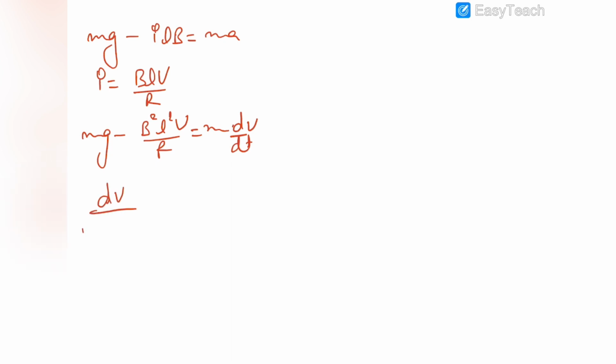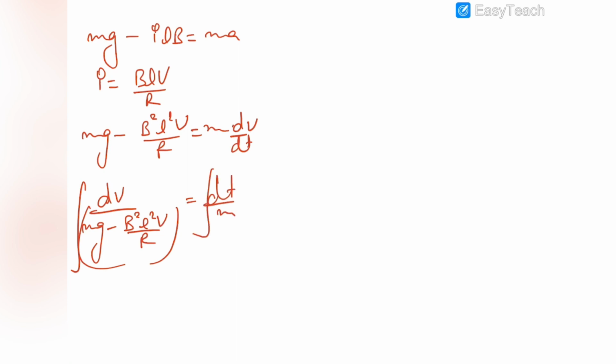Now I would be equal to BLV by R, EMF by R. So mg minus B square L square V by R is equal to m dV by dt. Okay, so dV upon mg minus B square L square V by R integration would be equal to dt by m integration. The limits would be 0 to V and 0 to t.